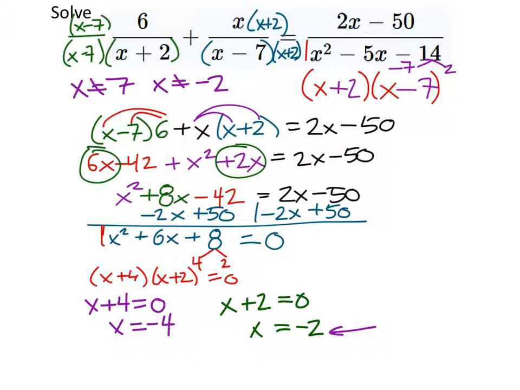Oh, yep. So I'm going to cross this one out. It's not actually one of the solutions. I've only got one solution in this case, which is negative 4. Again, that's because if I plugged in negative 2 into the original expression, then I would have gotten an undefined value, which we don't want.